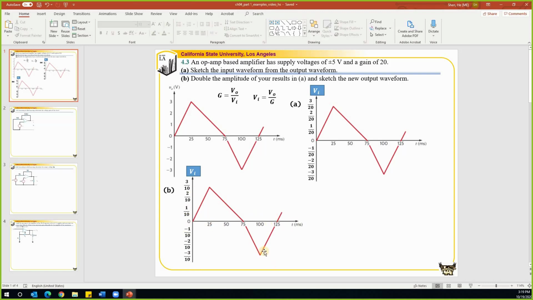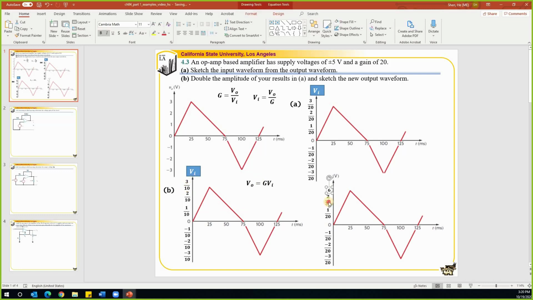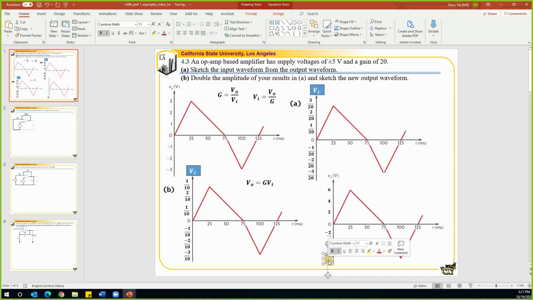So this is the new input. Given this input, we want to find the output. The output is equal to the input times the gain. So Vi is of this form and G is 20. Times 20, this will be 6, this will be 4, and this will be 2. So negative 2, negative 4, and negative 6.